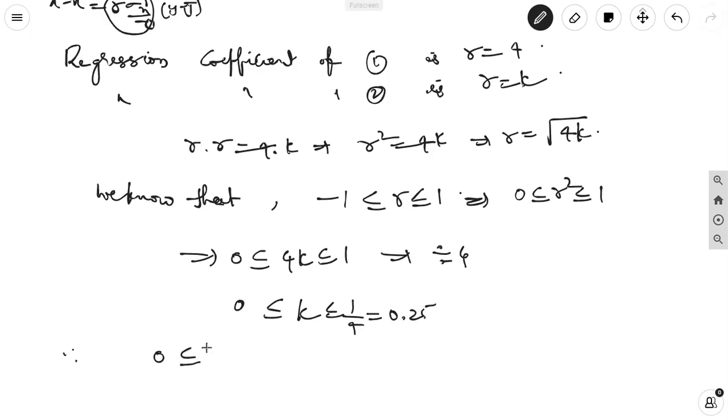Therefore, 0 ≤ k ≤ 0.25 is the relation we have shown from the given two regression lines, x on y and y on x.